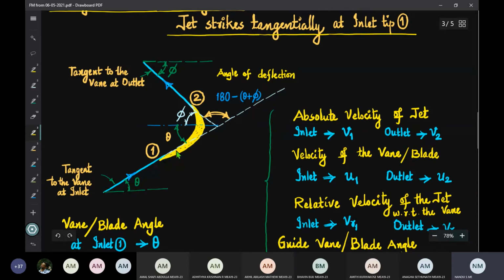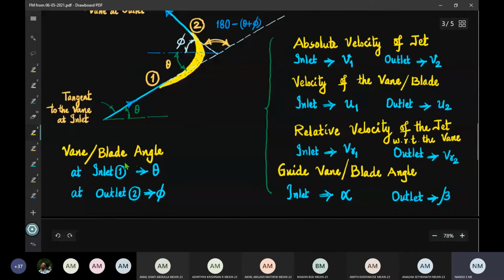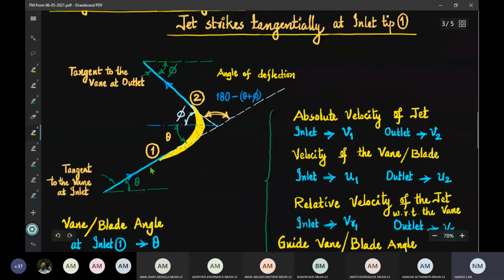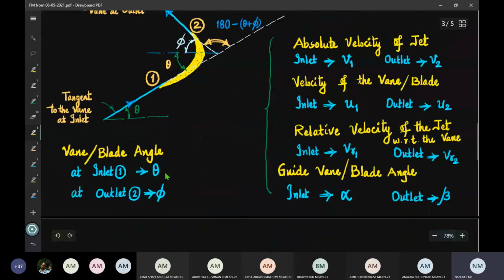So this is one of the opportunities where we have the minimum shock loss, because the jet strikes tangentially at the blade surface at 1. And now the blade angle or vane angle, these are the technical terms. The vane angle or blade angle at inlet here is theta, and at the outlet here it is phi. So once the blade is made, these angles are fixed.